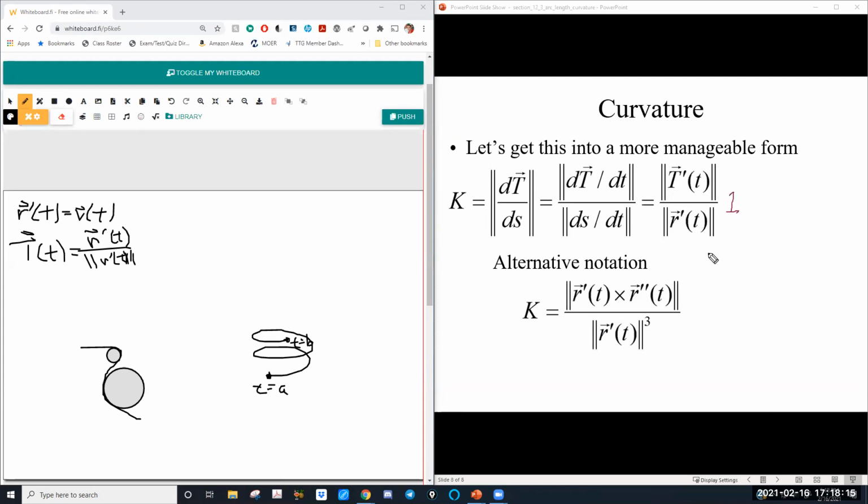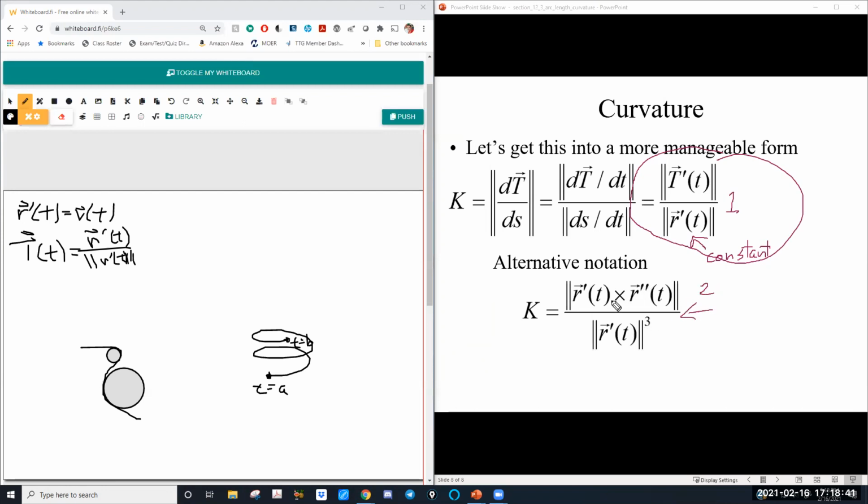That one's great if it comes out to be constant. In other words, if you take the derivative of your position vector and then take its magnitude, and that comes out to be a constant, by all means, use this one. If that doesn't happen, number two here is actually the better one to use.